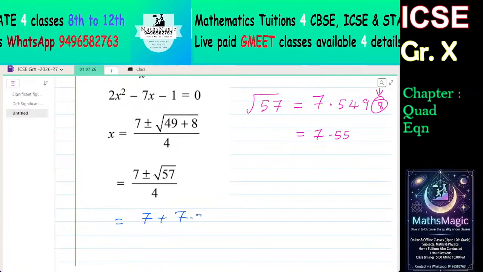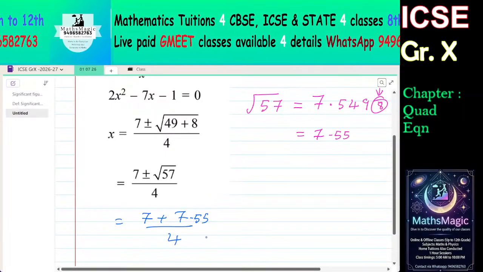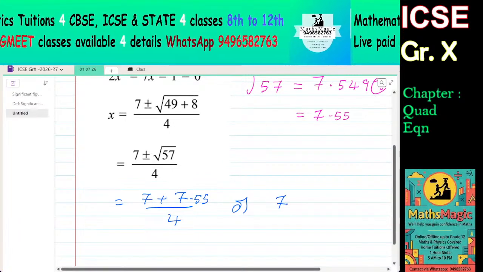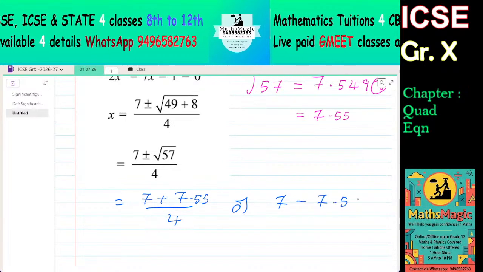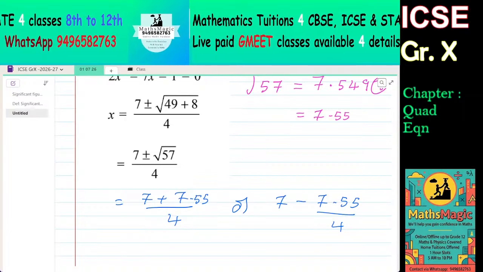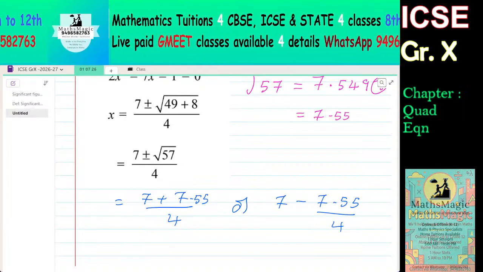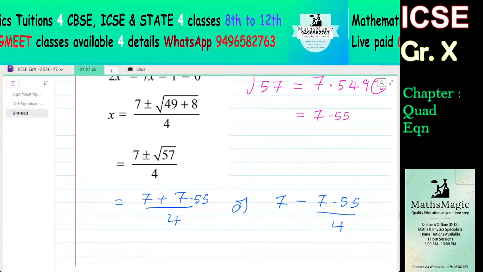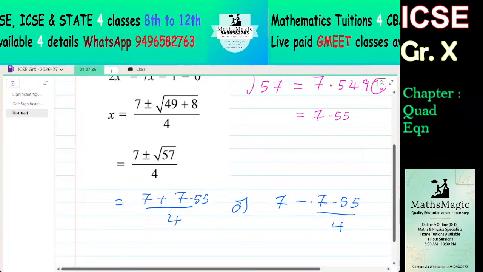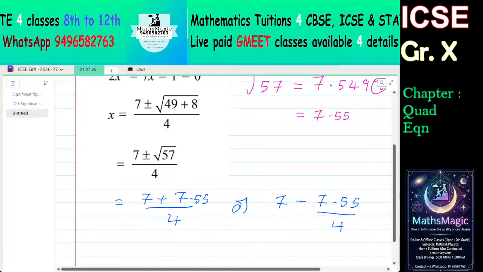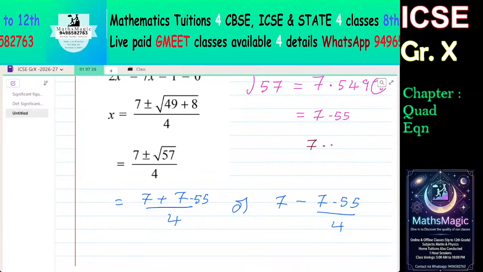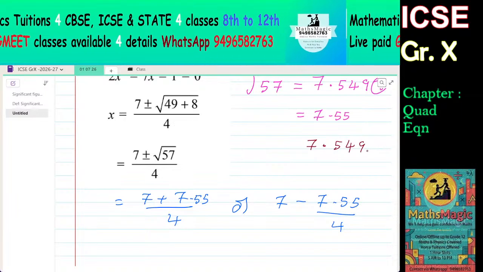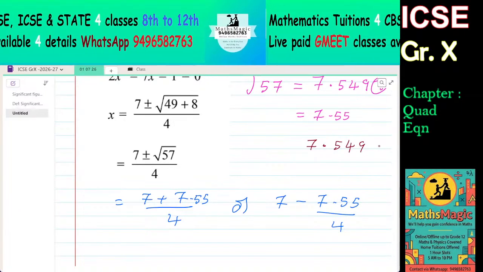So you will be having the answer like this. 7 plus 7.55 by 4 or 7 minus 7.55 by 4, right? We'll be having these answers, right? Okay, it's okay to keep like this also, but you can't just simply ignore this.